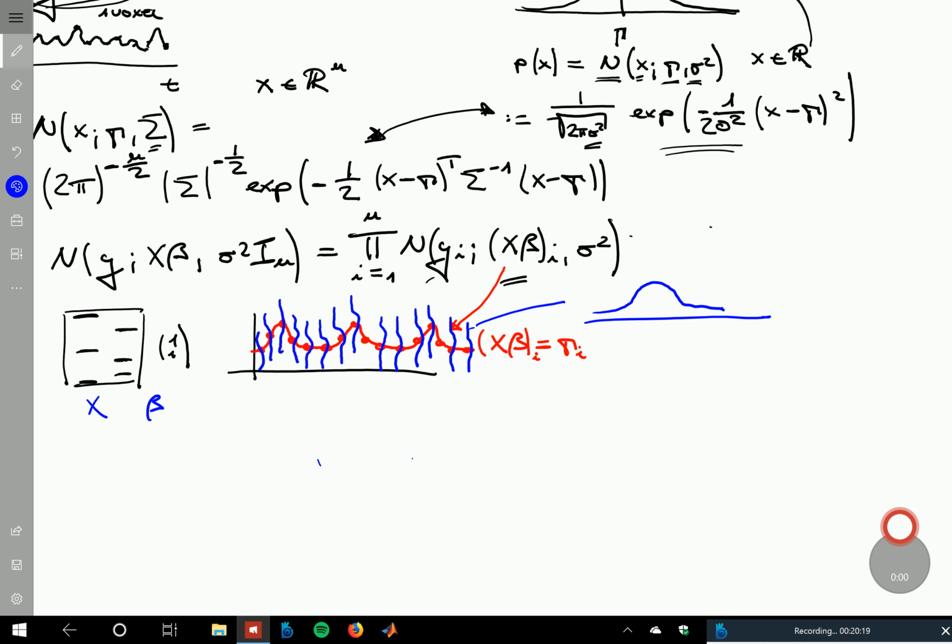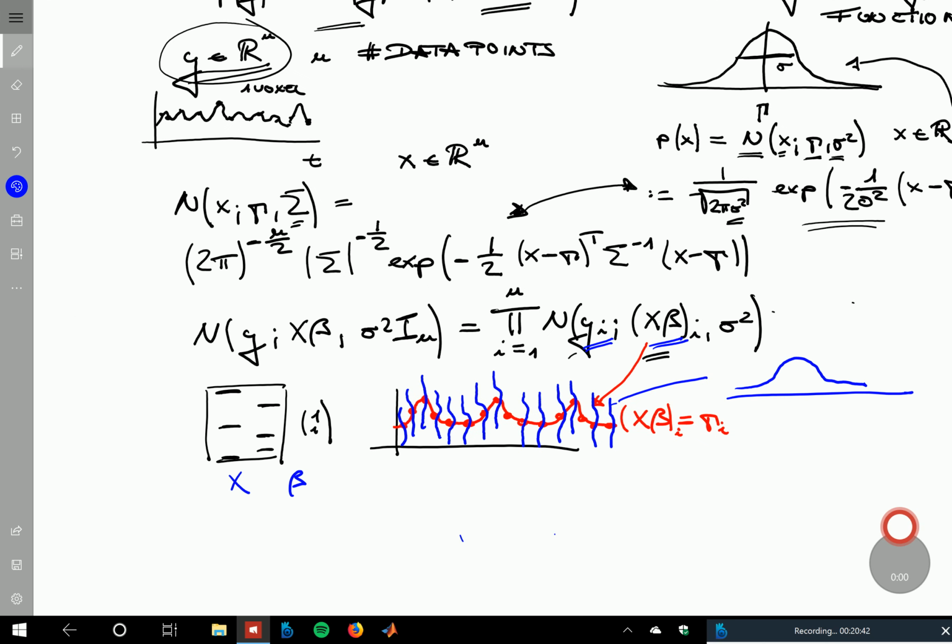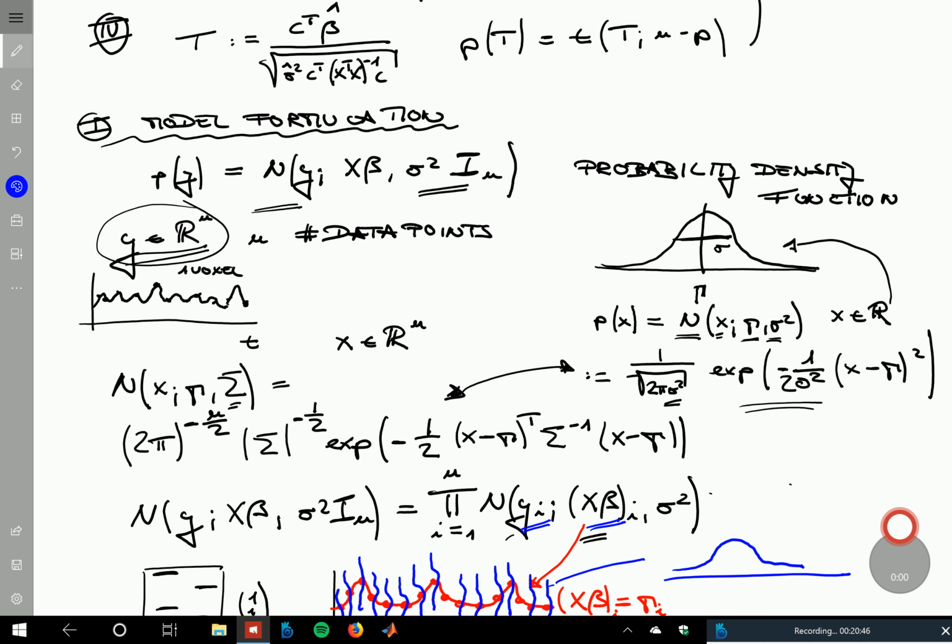These are the Gaussians, and what one can show analytically is that if you assume a product of n univariate Gaussians that all refer to different data points and have different expectations and the same variance, this product of probability density functions can also be written as a multivariate Gaussian probability density function that looks like this.